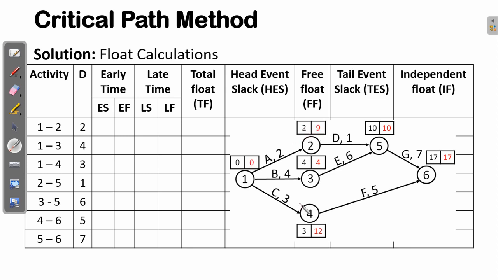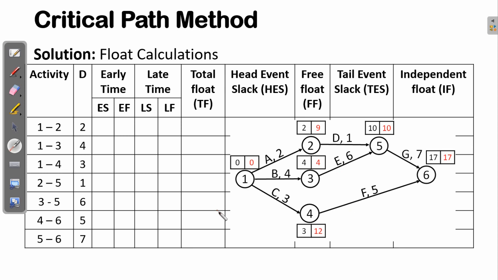So we can just fill in the information for the earliest time and the late time. Remember, I said that the earliest start time for activity A is 0, but the earliest finish time is 2. And this earliest finish time is the earliest start time of the other node, which is node D.